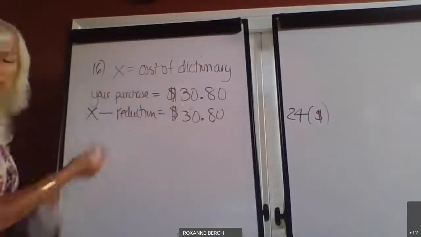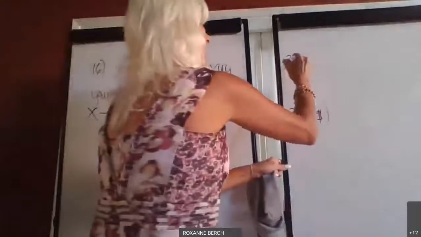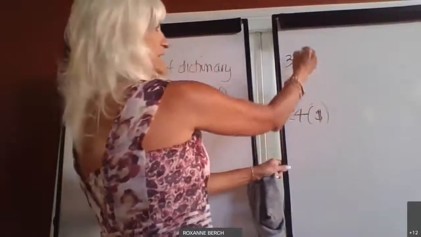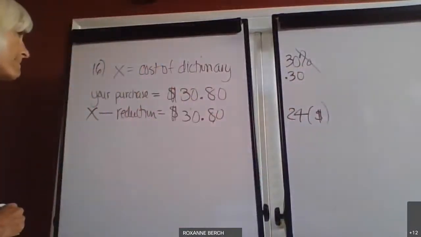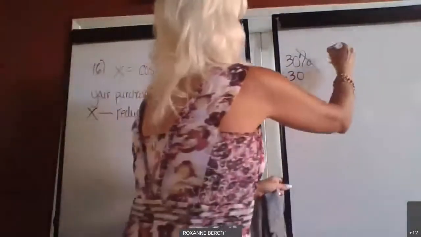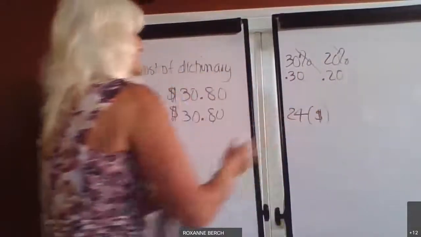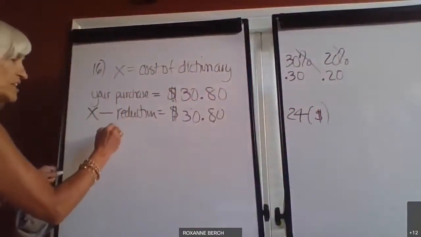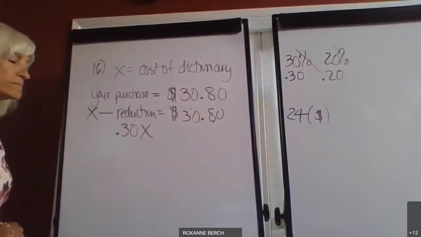So if I have a 30% reduction, we know that to write 30% as a decimal, you move the decimal 2 places to the left, right? Like 20%, we would get rid of the percent and move the decimal 2 places to the left. So wouldn't the reduction be 0.30 times the cost?